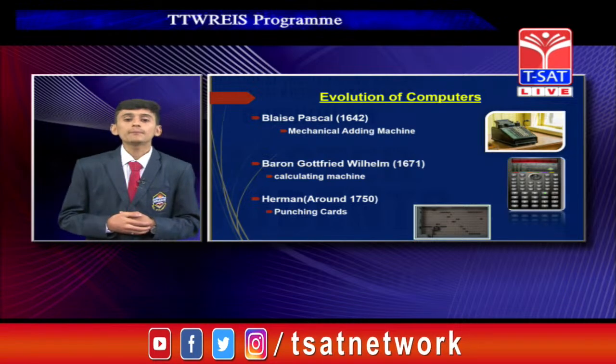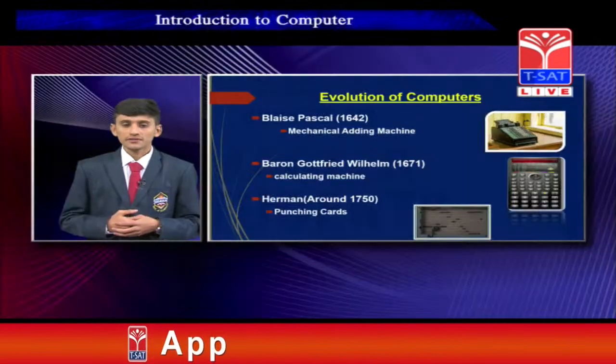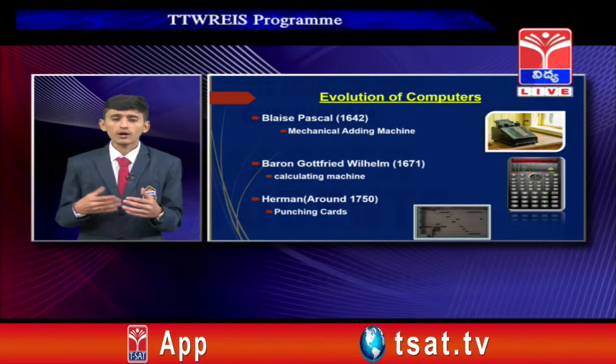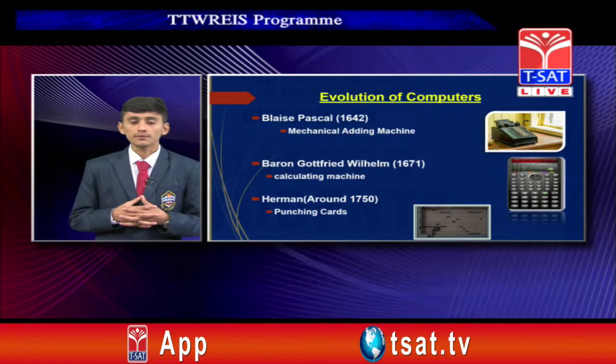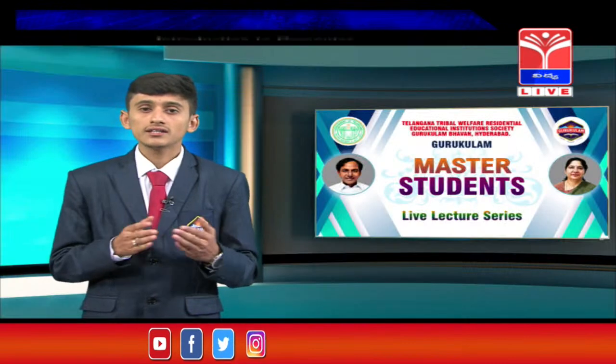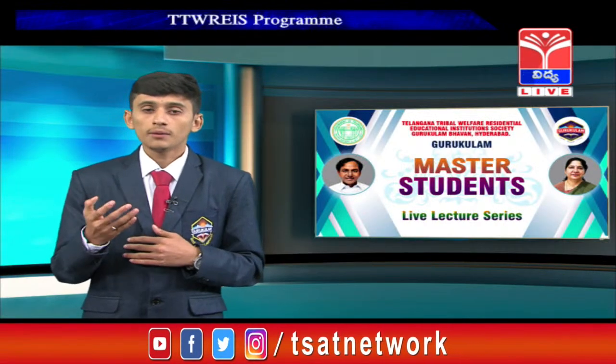Then after, the punching cards were invented by Hermann around 1750. We have to know the meaning of punching card. Punching cards, friends, are printed and arranged in a systematic order. This is called punching cards.